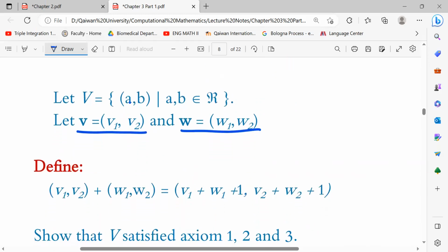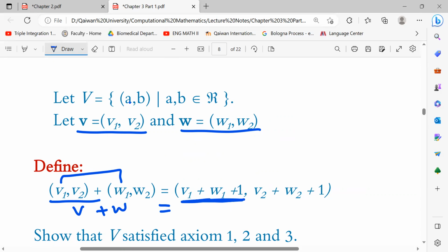It says, look, here the definition is given. It says V plus W is what? It is the sum of first components plus 1. It's defined this way. We cannot say why it's added by 1.